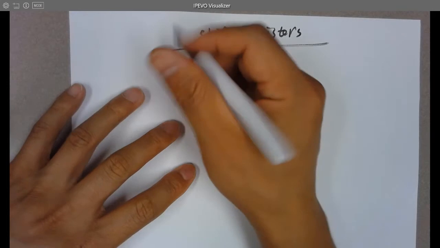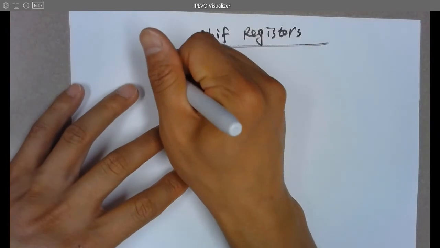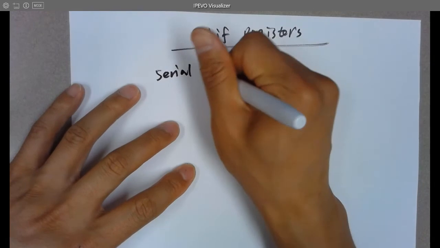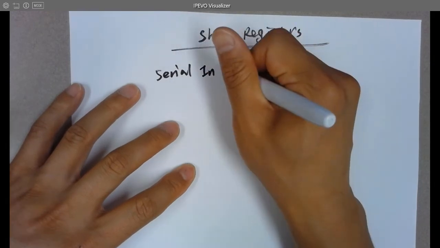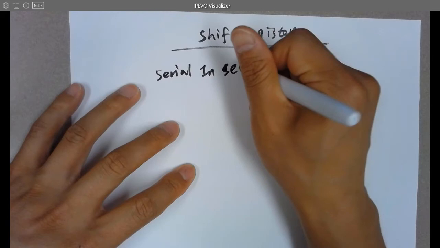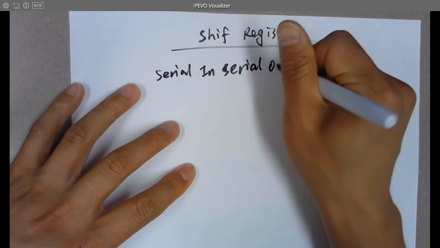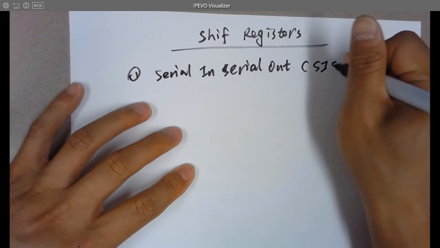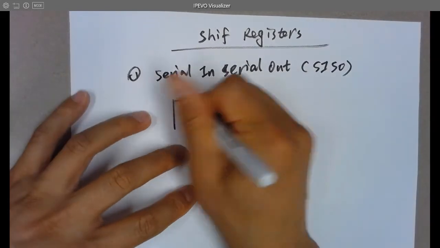So the first one is called serial in, serial out, which is SISO. The structure looks like this.